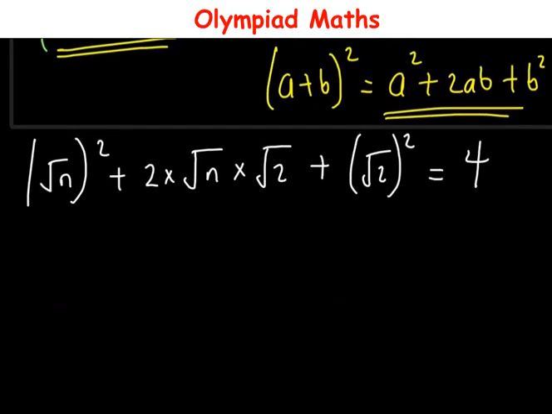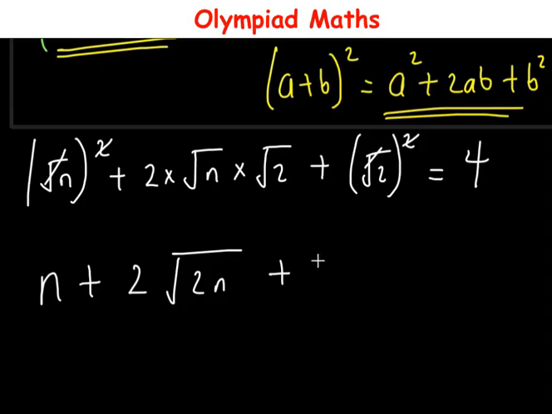From here, square, we cancel square root, we have n plus 2 times root n times root 2 is 2 root 2n plus, square, we cancel square root, we have 2, which equals 4.